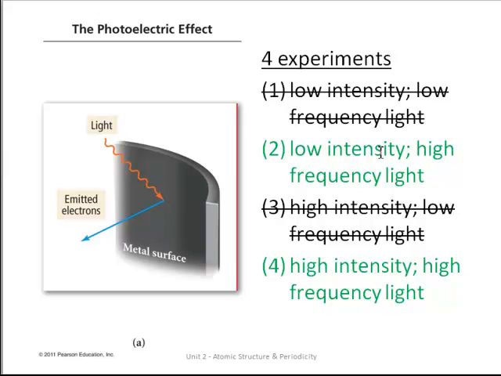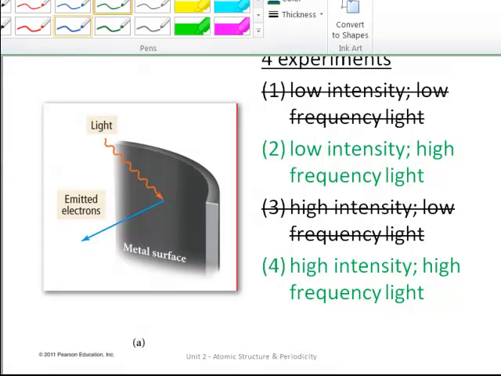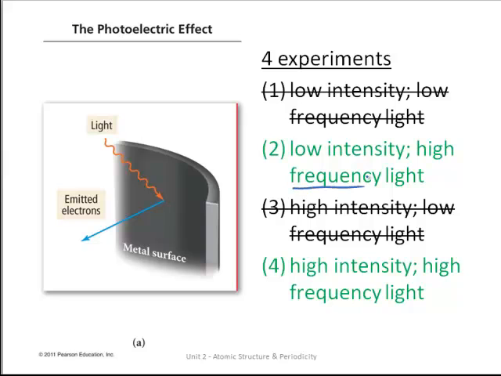Even with a low amplitude, low intensity light, there was no build-up time. It turns out that what really determined whether or not an electron was emitted was the frequency. High frequency was the major factor that caused the emission of electrons from photoelectric materials. It didn't matter if you had a very dim light bulb or a very bright light bulb.